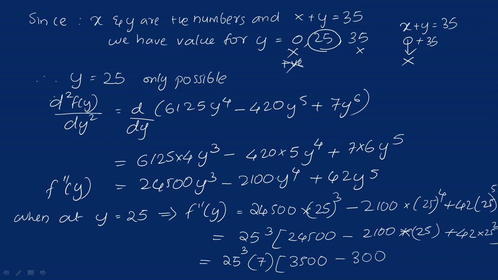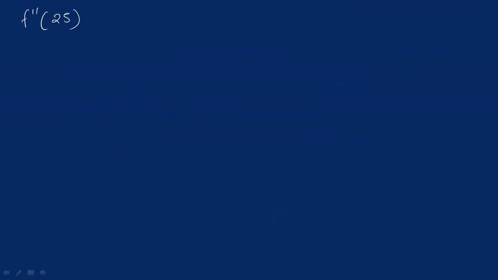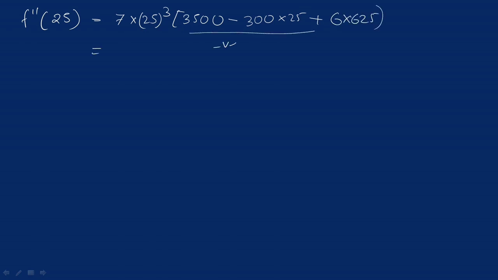Taking 7 outside in all the terms, f double dash of 25 is 25 whole cube into 7 into 3500 minus 300 into 25 plus 6 into 625. If we solve the terms inside the bracket, it will be negative. So f double dash of 25 becomes negative, which is less than 0.